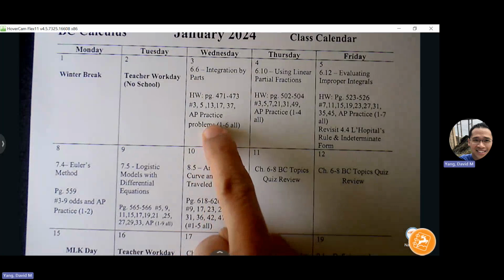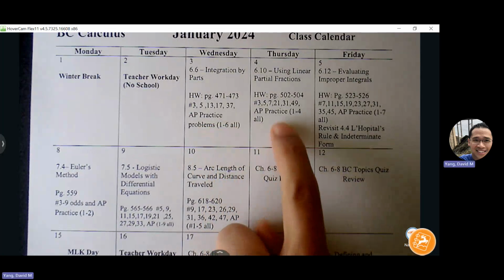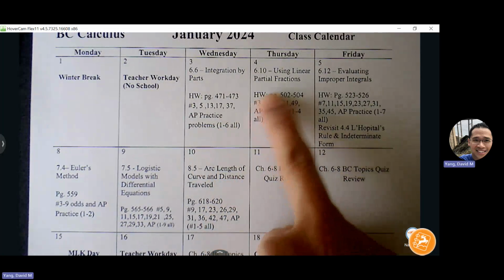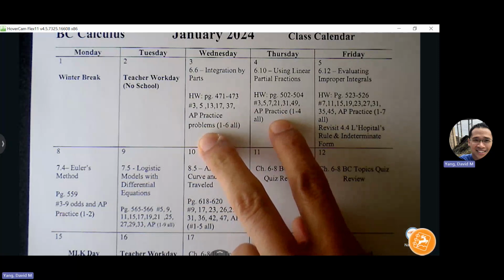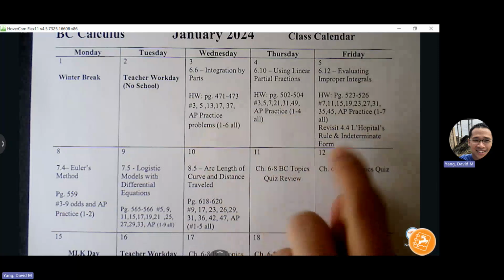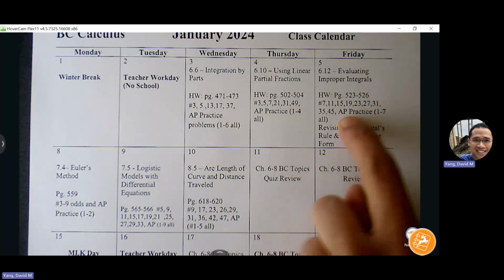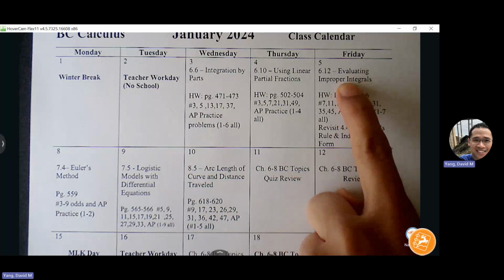So we have integration by parts. We have using linear partial fractions, which are just additional integral rules for specific scenarios that we haven't quite seen. And evaluating improper integrals. This is where one of your bounds is either infinity or it's right at an asymptote. How do you deal with those improper integrals?